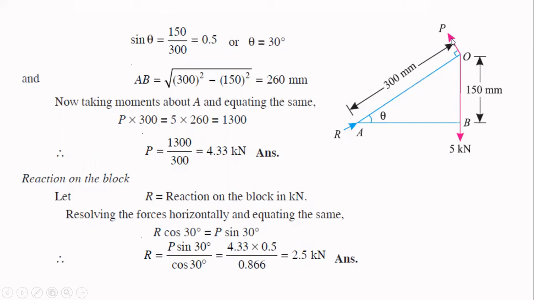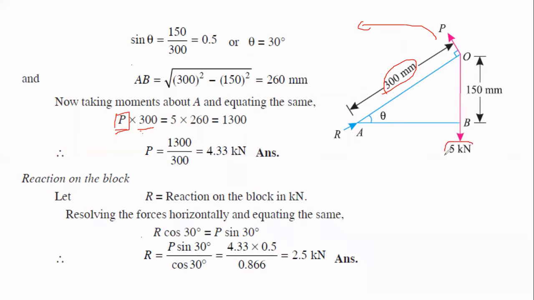Now the next is this P force. It makes an anti-clockwise moment about point A, and the perpendicular distance is 300. That's why it is P into 300.